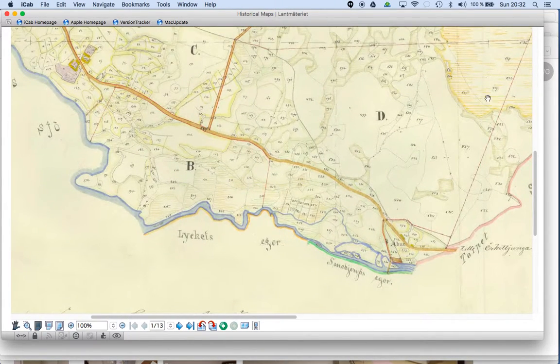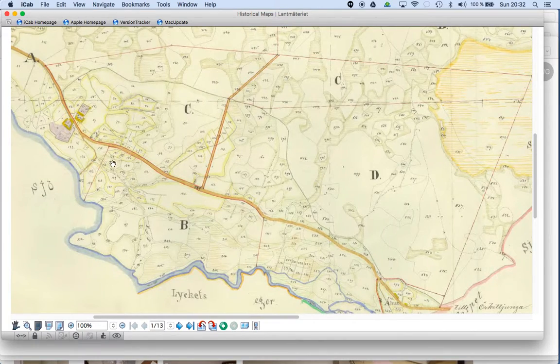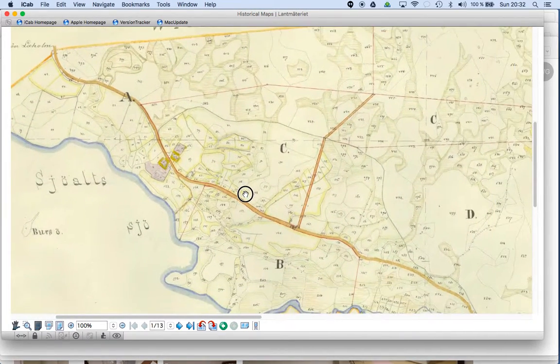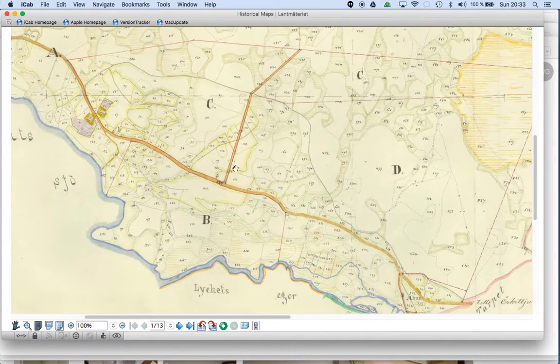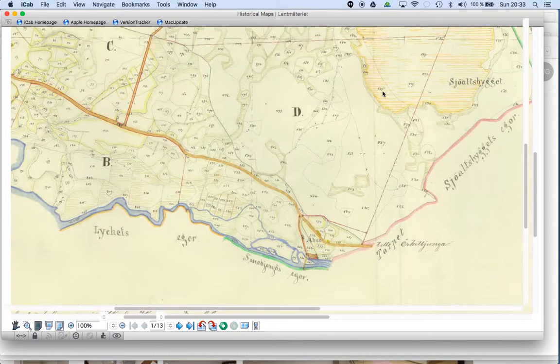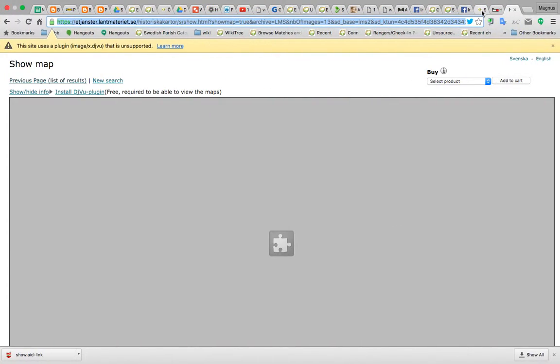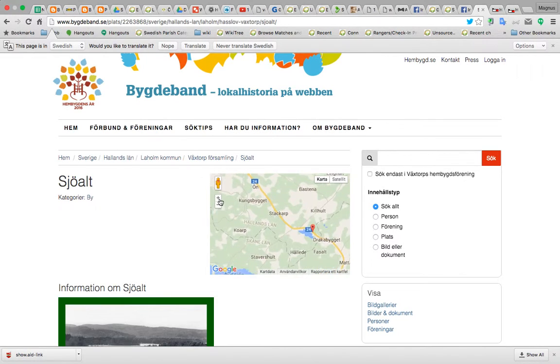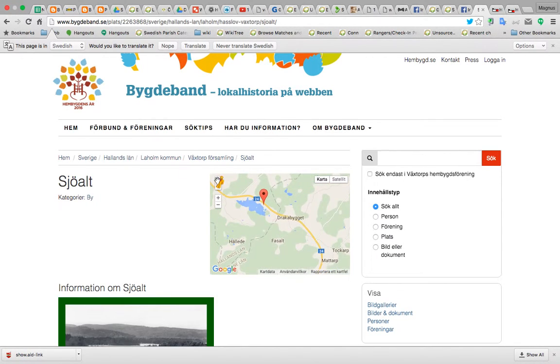Sjöalt is up there to the right, and here you have all the small parts. Sjöalt, yeah. So then Åhus. Maybe this is not the best map to use.